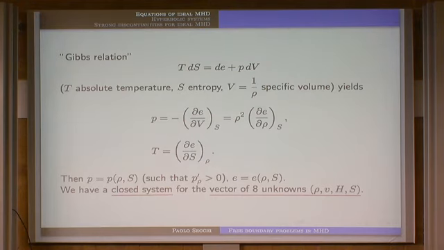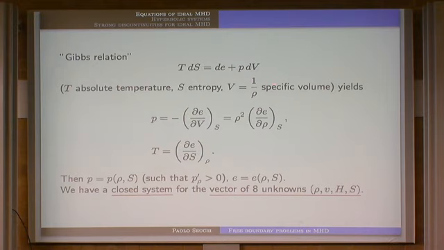But we can consider from thermodynamics the Gibbs relation, this one, where P is the pressure, E is the internal energy that we have already seen, T the absolute temperature, S the entropy, and V the specific volume. Okay, we have this relation.